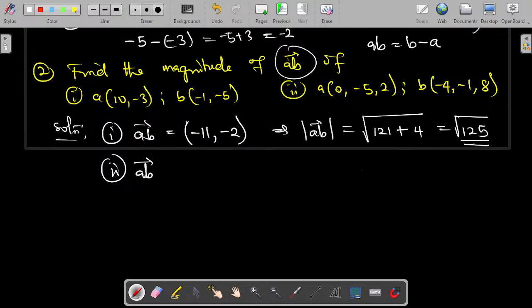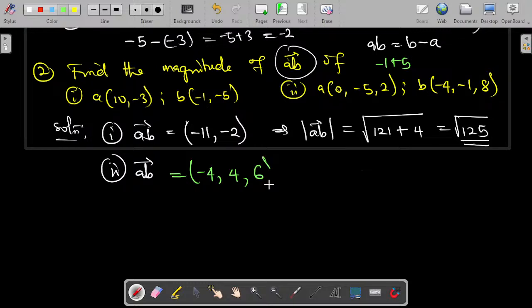So what is our AB going to be? Here we are doing B minus A. So B minus A is going to be minus 4 minus 0, which is minus 4, then minus 1 minus 5, which is going to be minus 1 plus 5, and that is plus 4, comma, here we now have 8 minus 2, which will give us 6.